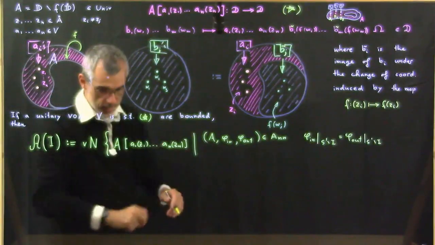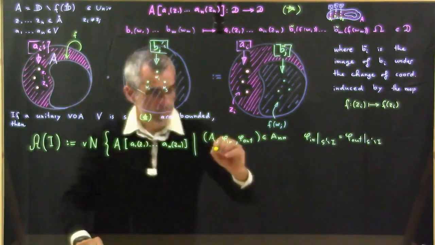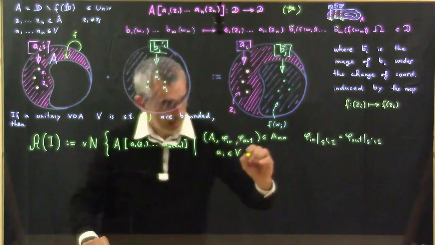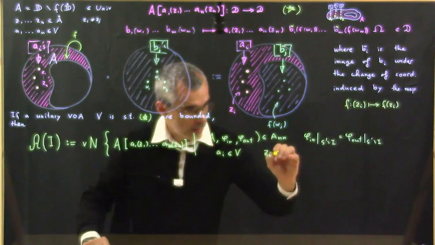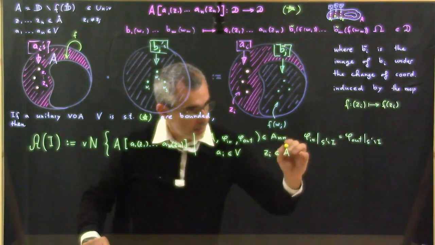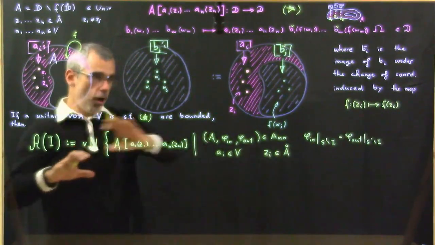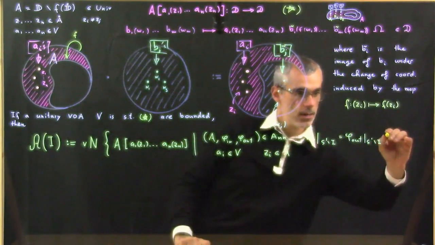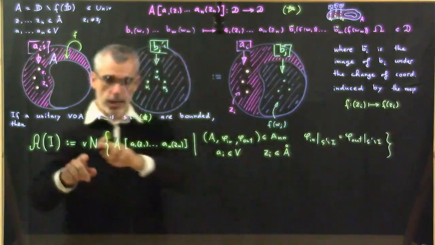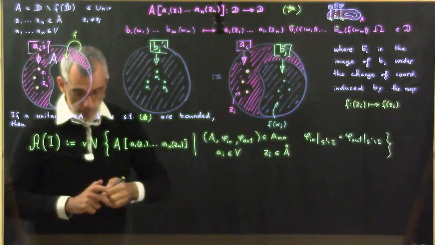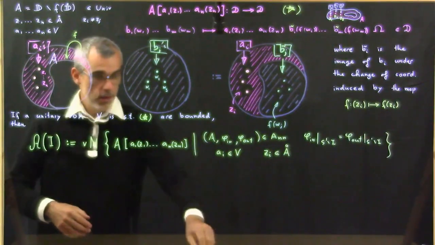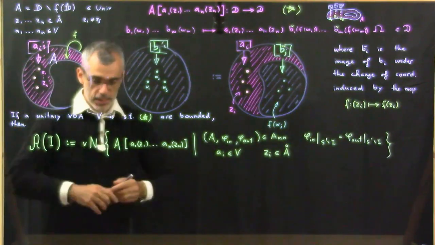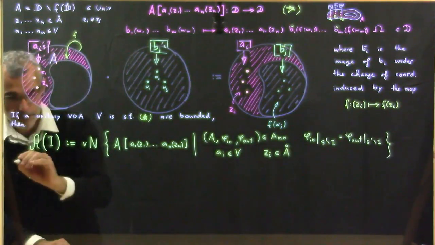So if that's the case, and of course AI are in V and ZI are in the interior of A, we look at all these operators, and we look at the polynomial algebra generated by these. That's what I call A(I). Well, we have an algebra for every interval. These define a conformal net.